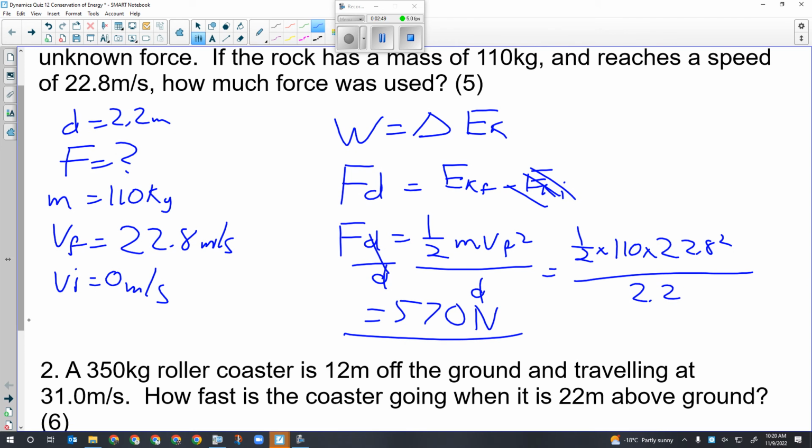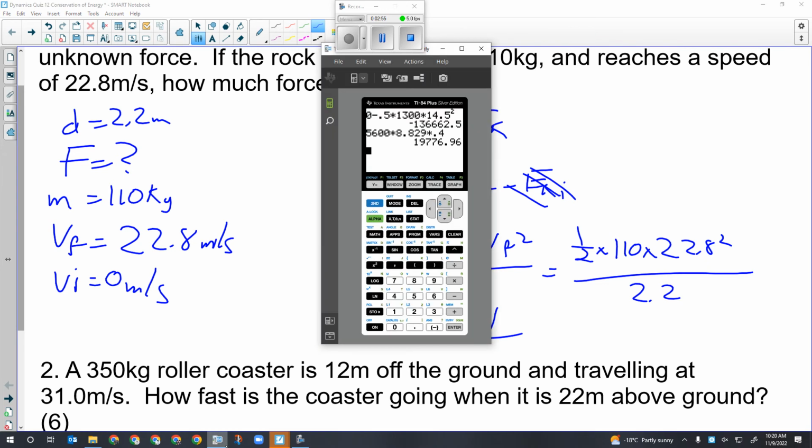Pretty sure it's not 570 newtons. All right, let's punch it in. 0.5 times 110. I know my method's right. Times 22.8 squared divided by 2.2. Yeah, a lot bigger. 13,000. 1.3 times 10 to the 4, because we only have 2 significant.